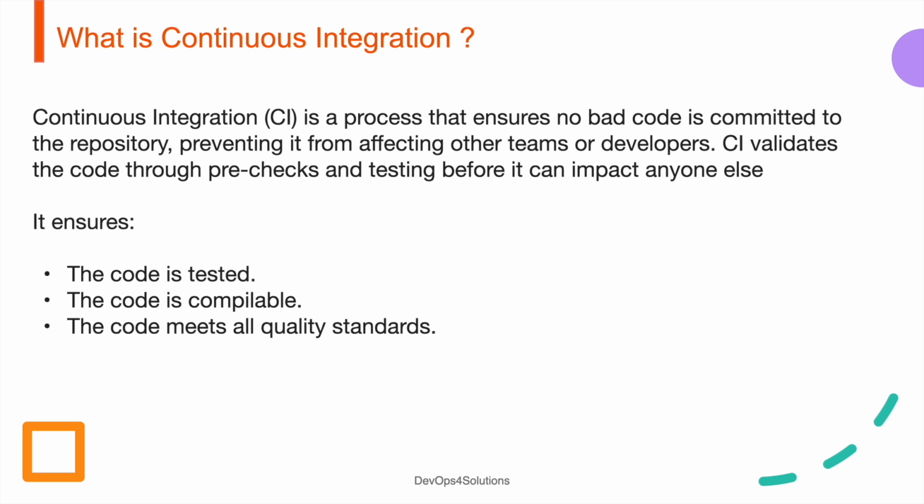There are no broken builds and compilation failures, and the code meets all quality standards. Every company or every team has their standards for the code, so the CI process also ensures that it is meeting all their coding standards. So this is the basic definition of continuous integration.